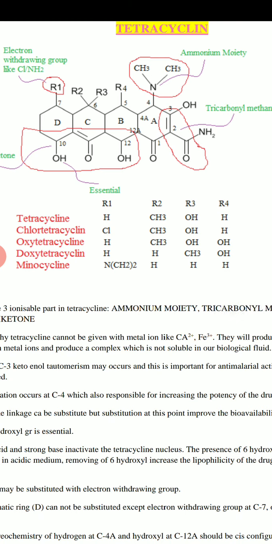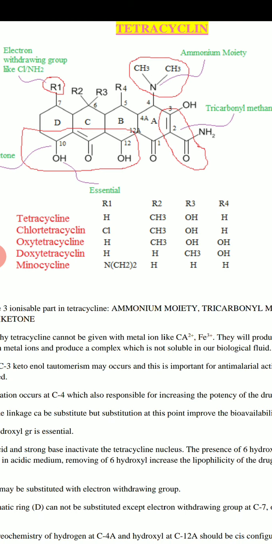And this is why tetracycline cannot be given with metal ions like calcium, iron. They act as chelating agents, binding with the metal ions and producing a complex which is not soluble in biological fluid.